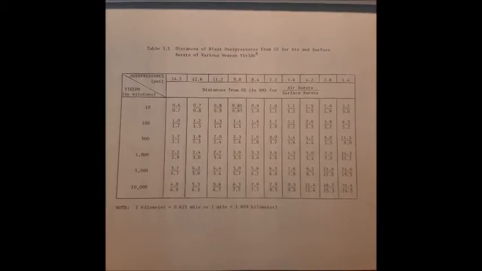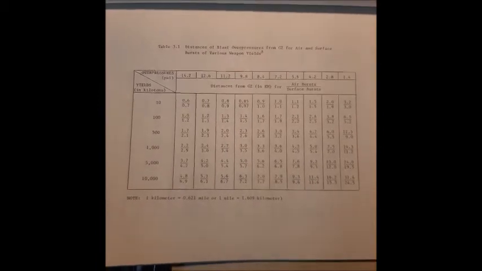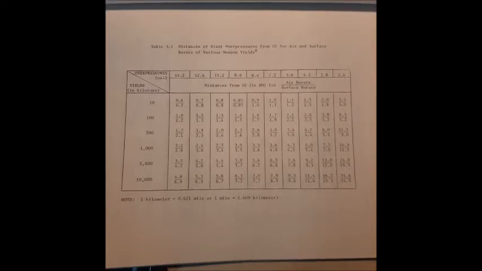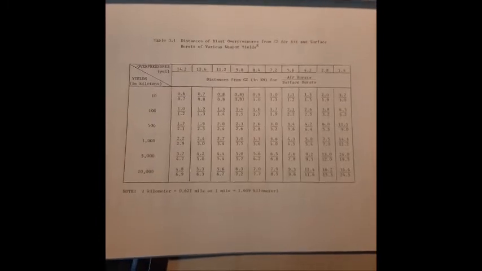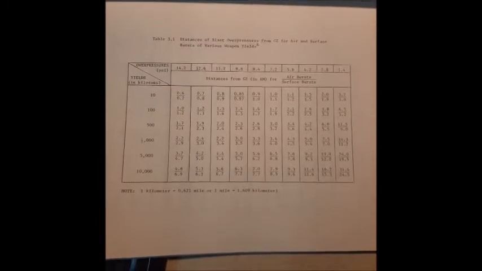This table, if you look at it on a full-size computer screen or a TV, you can read the numbers. This is a very important table. This is the table that the Soviets used in order to figure the blast effects of different size weapons. Everything is in kilotons on the left, and pressure is on the top in PSI.